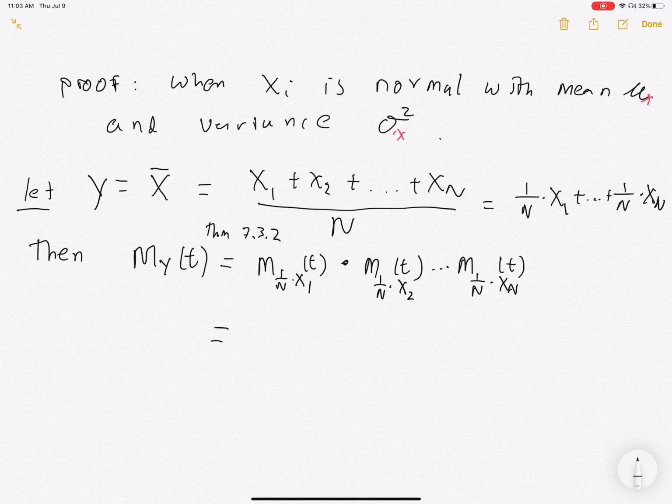Okay. And we know the moment generating function of each of these, but there's one more piece to use here.